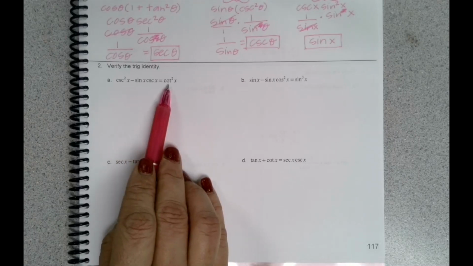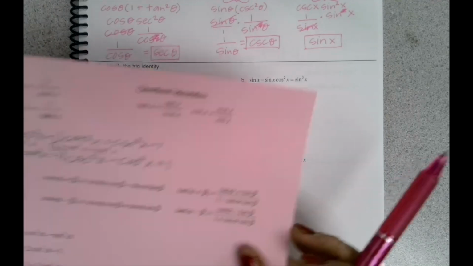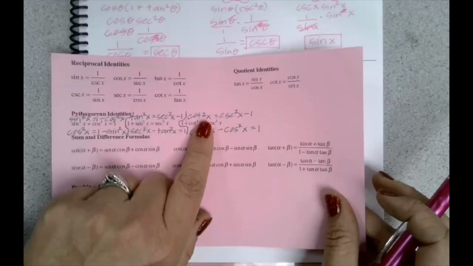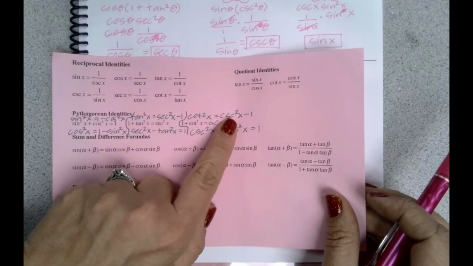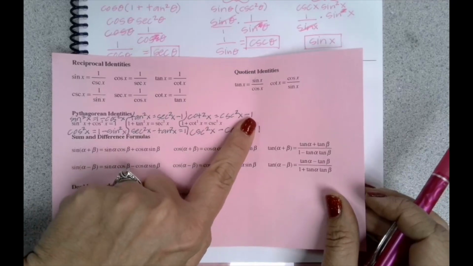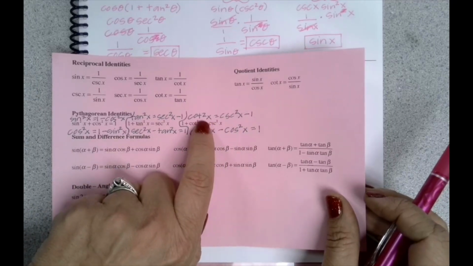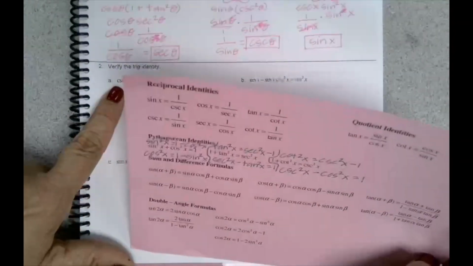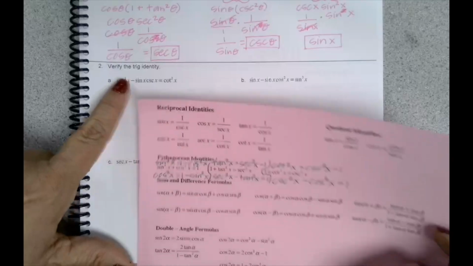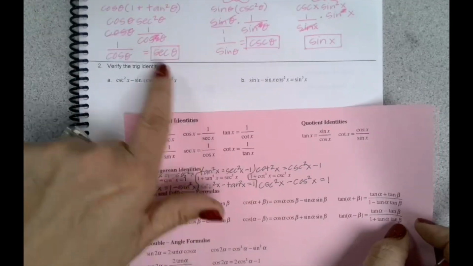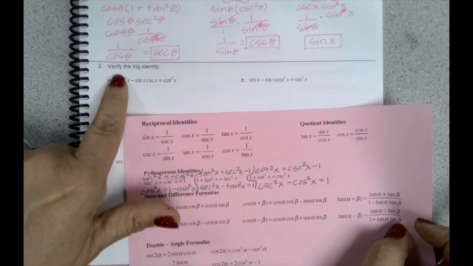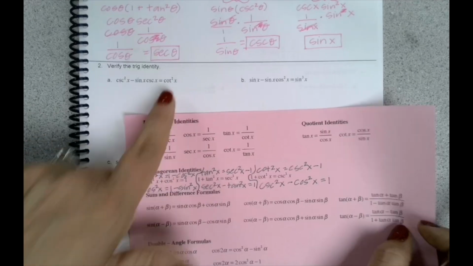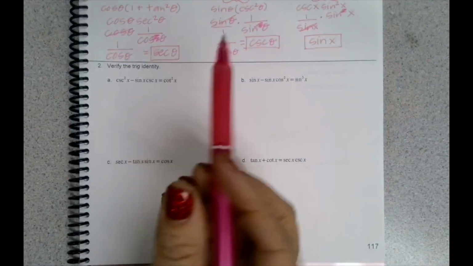I know I'm getting to cotangent squared x, and since I'm going to cotangent squared x, what I really need to know is cosecant squared x minus 1 will change to cotangent squared x. So if somehow I can get this side to say cosecant squared x minus 1, well, I already have cosecant squared x. So that's why I'm only going to work with this guy instead of this guy, because I know where I'm trying to get to.